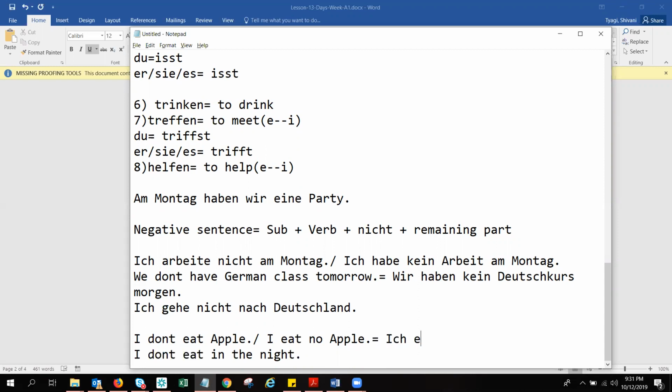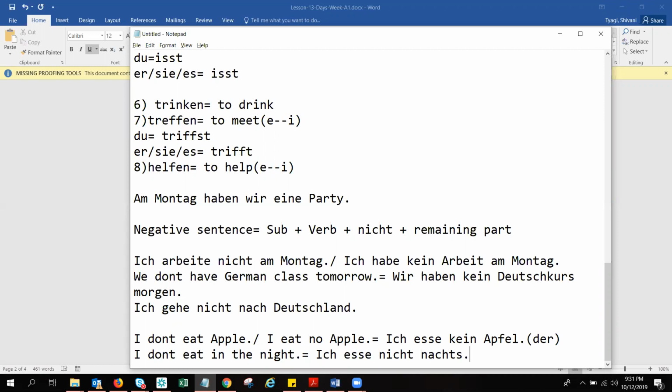So ich esse kein Äpfel. Äpfel is apple and the article for apple is der. And I don't eat in the night, there is only a verb. So I'm not using any noun here. I'm not using the negative for a noun. So ich esse nicht. And what is in night? In the night, I told you, Nacht, nachts. There will be an s: nachts. Okay. So ich esse nicht nachts. So that is the difference between kein and nicht.